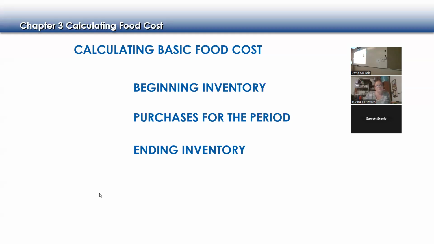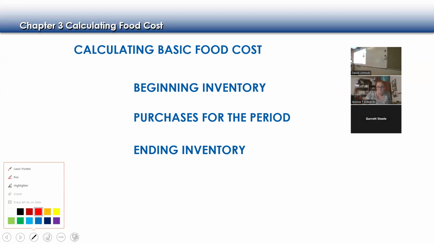So our beginning inventory, we start with that. That's the inventory that we have, let's say downstairs right now. We can go into our dry storage, we can go into all of our refrigeration and determine what the cost is of all those ingredients that are in the storage right now. That is our beginning inventory, okay?